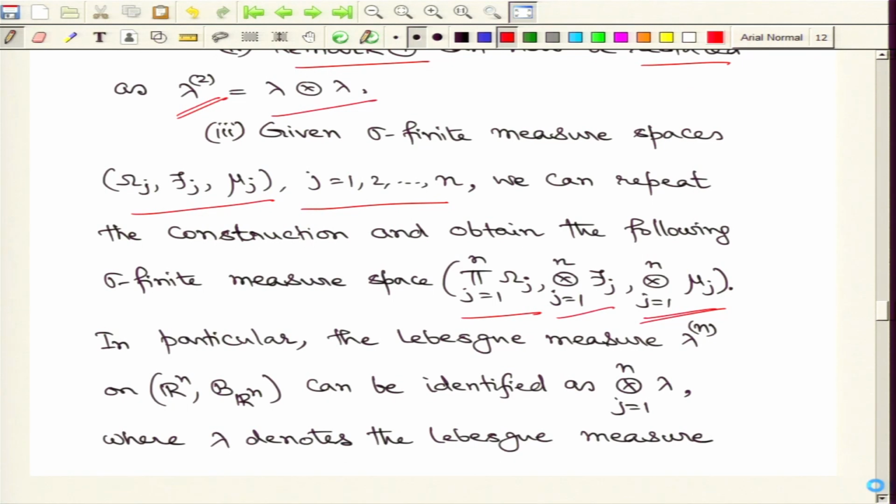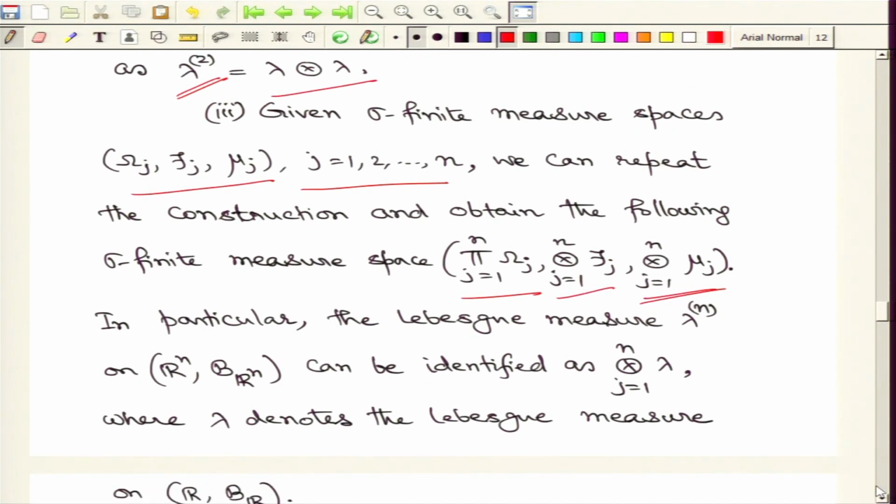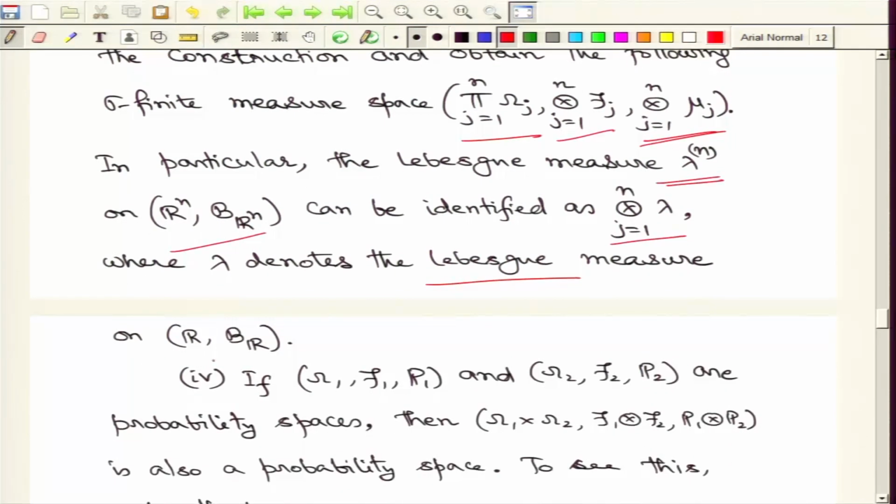In particular, on the usual Euclidean spaces, the Lebesgue measure on the n dimensional space can be identified as the n-fold product of the 1 dimensional Lebesgue measure, meaning the Lebesgue measure on the real line. So, if you take the n-fold product, you exactly get back the Lebesgue measure in the nth dimension.